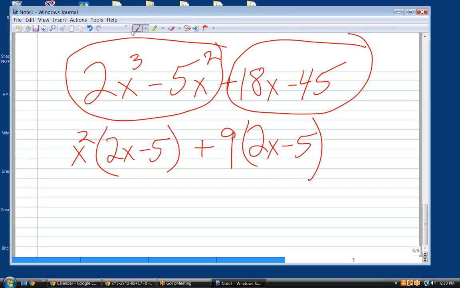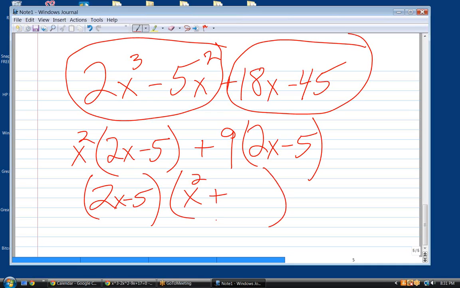So what's the last line? 2x minus 5 times x squared plus 9.